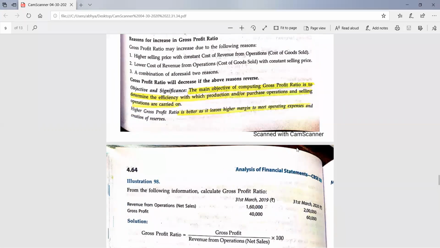So I have displayed here one question. Solve it fast. It's very easy. Two years are given. Many times in board exams such type of question has come in which two years' figures are given. It means two times you have to calculate gross profit ratio, for the year 2019 and for the year 2020. You know the formula, gross profit upon RFO into 100.